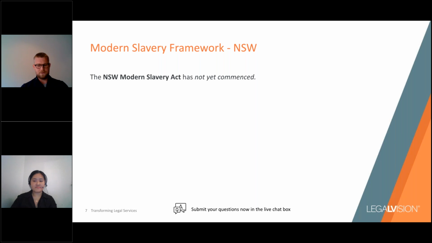The key difference is that in New South Wales the turnover threshold is lower. So it's going to apply to a commercial organisation with $50 to $100 million turnover. The obligation under that act will be that those entities have to submit a statement with the Anti-Slavery Commissioner of New South Wales.